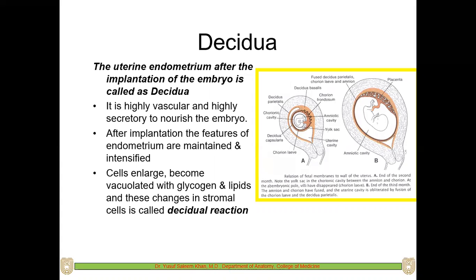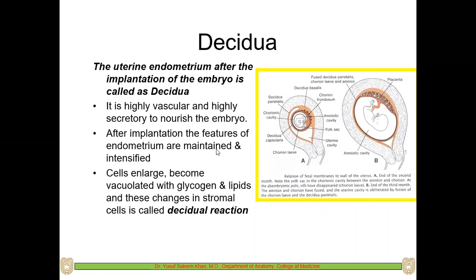And in the last class, we have seen there are coiled arteries within that, spiral arteries, as well as coiled glands also. So it is highly vascular so that it can nourish the embryo, as well as highly secretory, to give nourishment to the developing embryo.